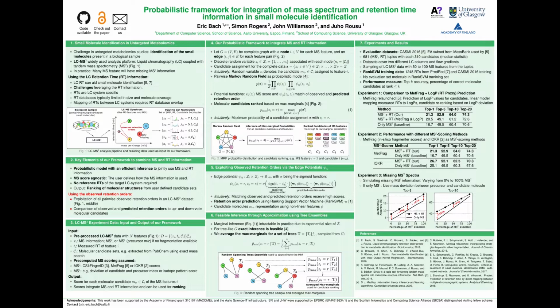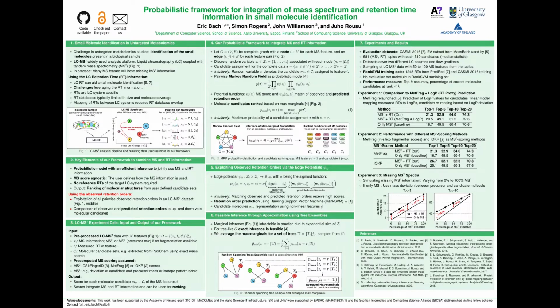The key is that instead of exploiting directly the retention time information, we resort to using the observed retention orders in your LC-MS data. That means up here in figure number 1, you see you have the features, they occur in a certain retention order, and we exploit the observed retention order combined with predicted retention orders to up or downvote the molecular candidates in your candidate sets.